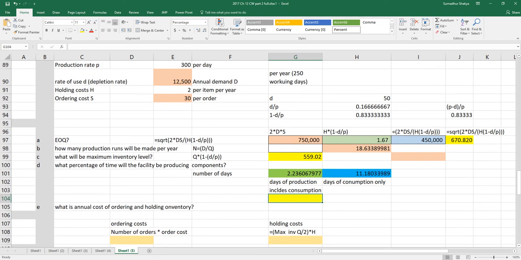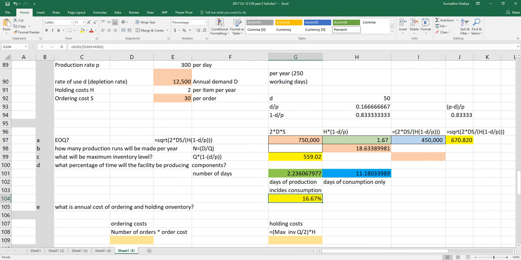Oh, and I forgot. The percentage of the time the facility is producing is 2.23 divided by this plus the consumption only, in percentage format. The cell is already formatted for percentage, so it's 16% of the time the production is happening.